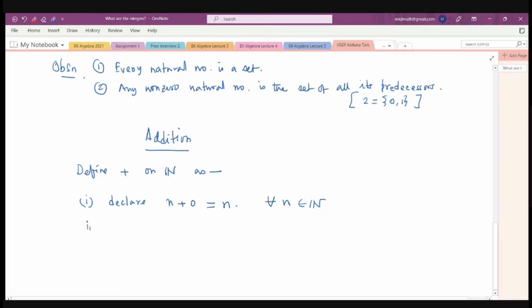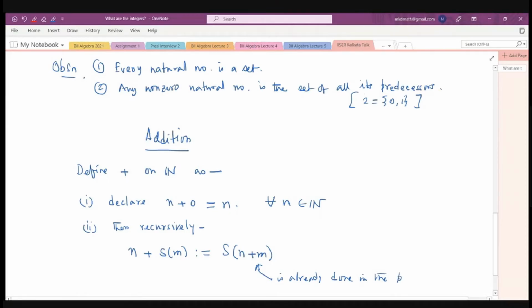And then the definition is recursive. And I will give an illustration so that you understand how you define n plus the successor of m. You already know the definition of n plus m when you are defining this. So this addition is already done in the previous step. I will explain.